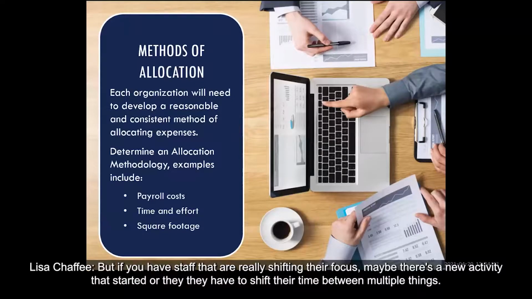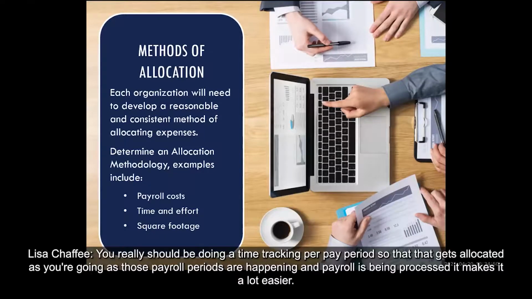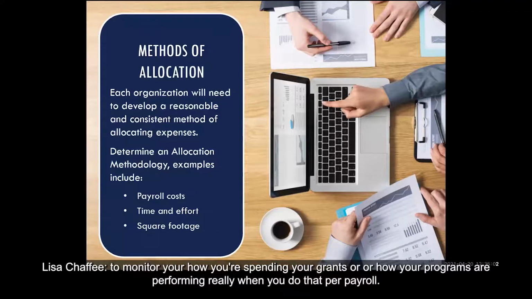But if you have staff that are reshifting their focus, maybe a new activity started, or they have to shift their time between multiple things, you really should be doing time tracking per pay period so that it gets allocated as those payroll periods are happening and payroll is being processed. It makes it a lot easier to monitor how you're spending your grants or how your programs are performing when you do that per payroll.